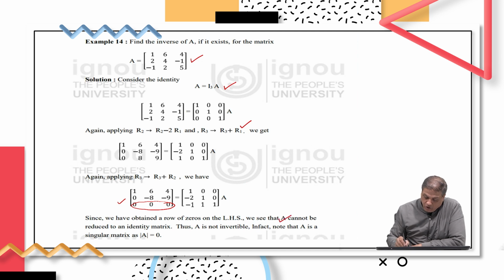Since A cannot be reduced to an identity matrix, matrix A is non-invertible. That means it cannot be inverted. So the inverse of such a matrix does not exist.